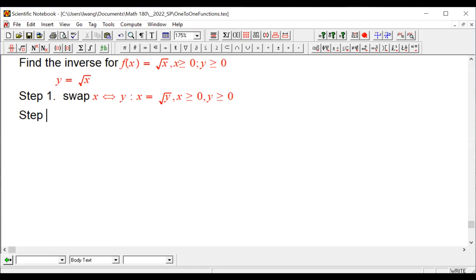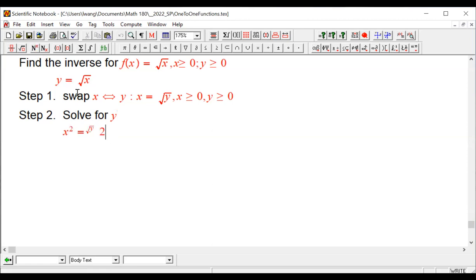Step 2, solve for y. How do we solve for y here? We're going to square both sides.